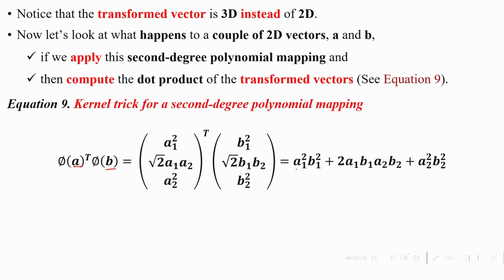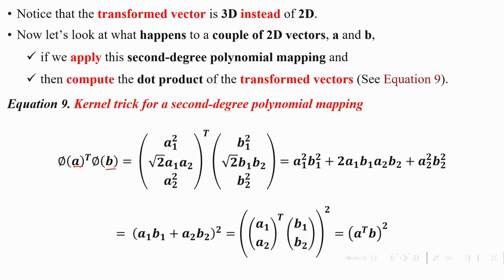On this equation we apply the dot product. That means a1 square b1 square plus 2 a1 b1 a2 b2 plus a2 square b2 square, which is equal to a1 b1 plus a2 b2, whole square. We can write that as the transpose of a1 a2 times b1 b2, whole square, which is equal to a transpose b whole square.